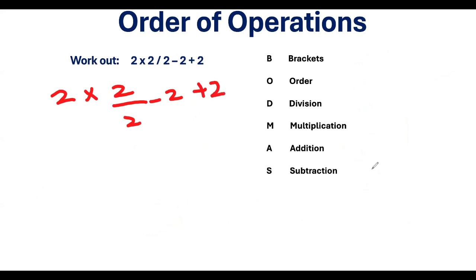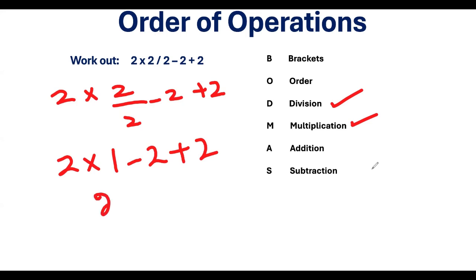You must have noticed that division is there, so we can do divide first. 2 divided by 2 is 1. Next, you have to check for multiplication. Is there any multiplication here? Yes, we can multiply. 2 multiplied by 1 is 2.